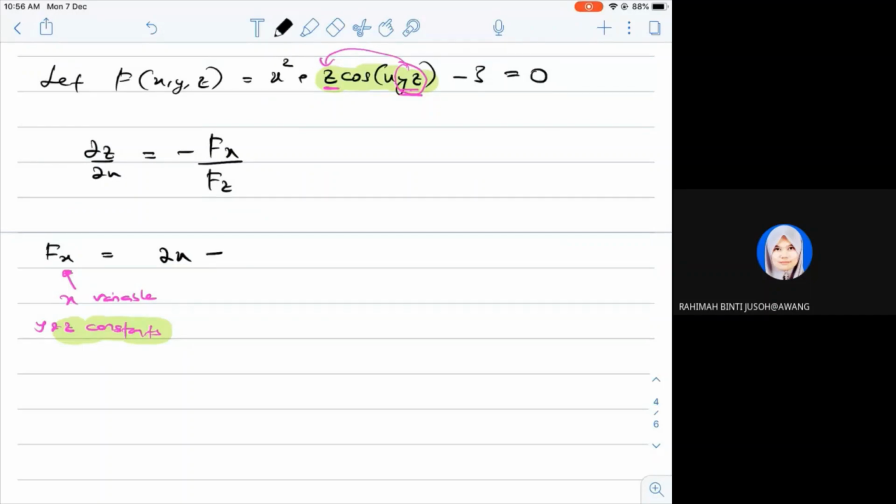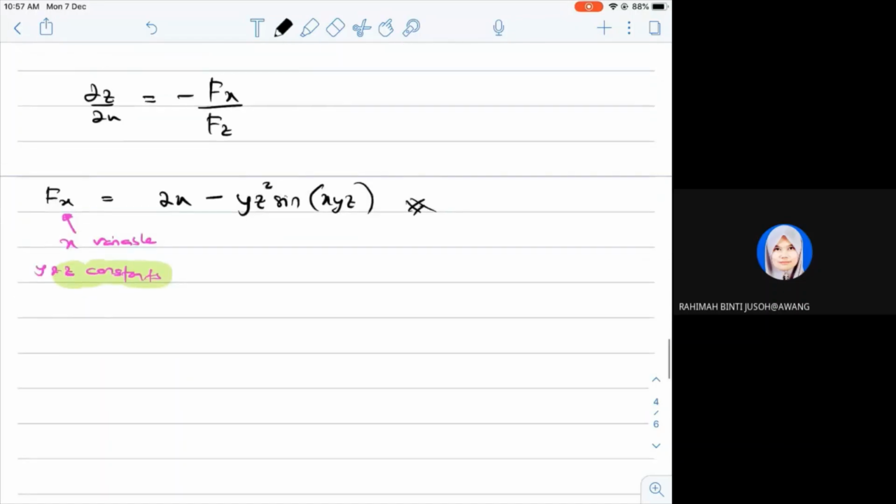So we bring yz multiplied by z becomes negative yz squared. Differentiate cos we get negative sin, so sin xyz just maintain. Understand this step? Good. And then differentiate negative 3 we get 0. So stop right there.